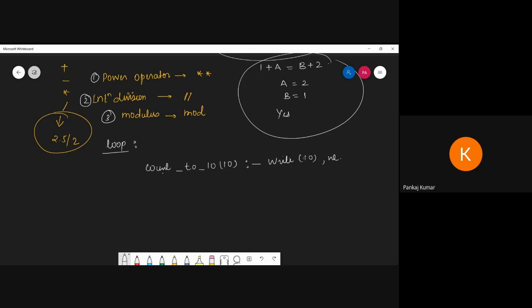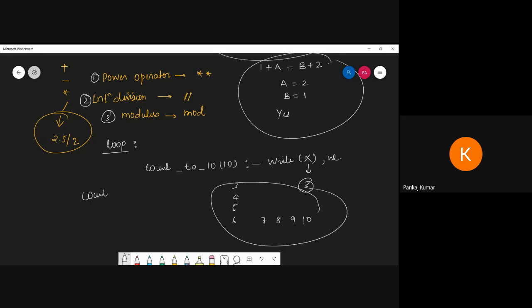Suppose I am putting here x. So in the place of 10, I'm going to put 10. So it will go up to 10. And suppose how to start, suppose I'm putting 3. So it will start from 3, 4, 5, 6, 7, 8, 9, and 10, and it will stop. Okay, so that is the meaning. So basically, we have to write a count loop.